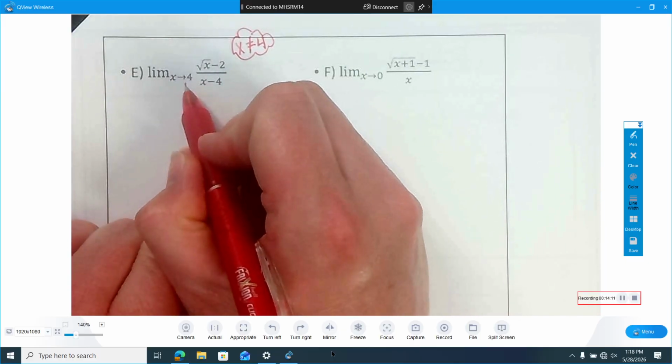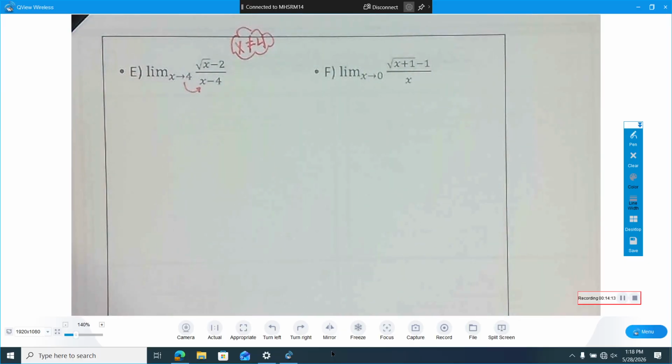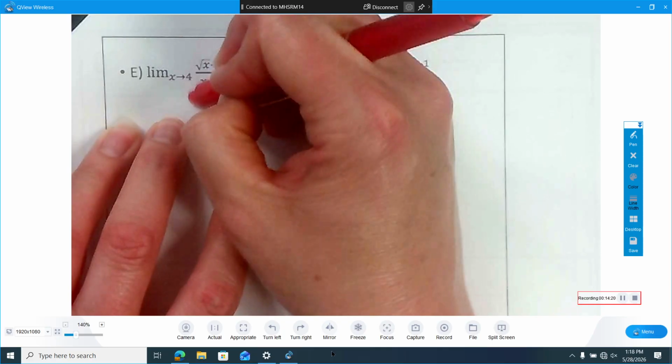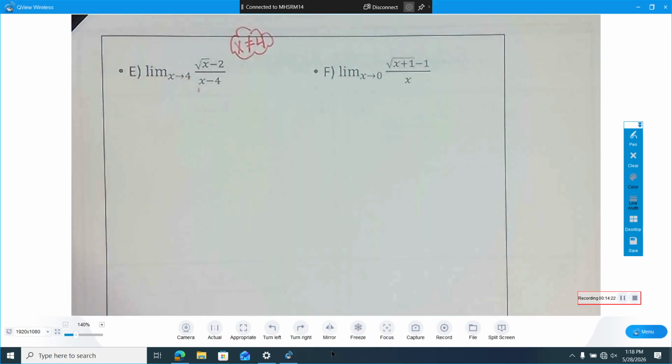Again, what happens if I were to try direct substitution? I would get undefined if I plugged it in, right? Because it's going to go undefined on me, I have to think of a technique that will help me simplify this.